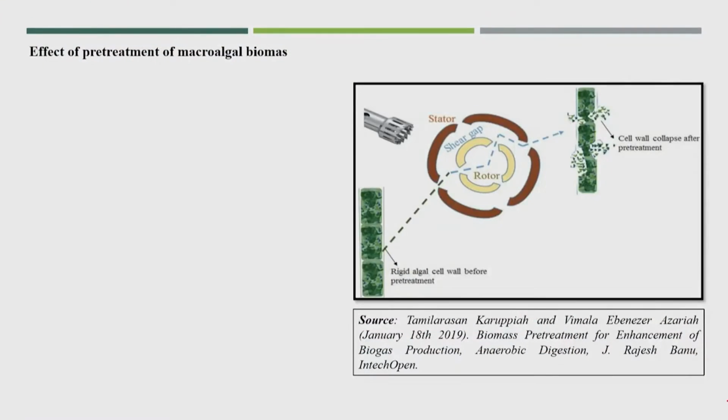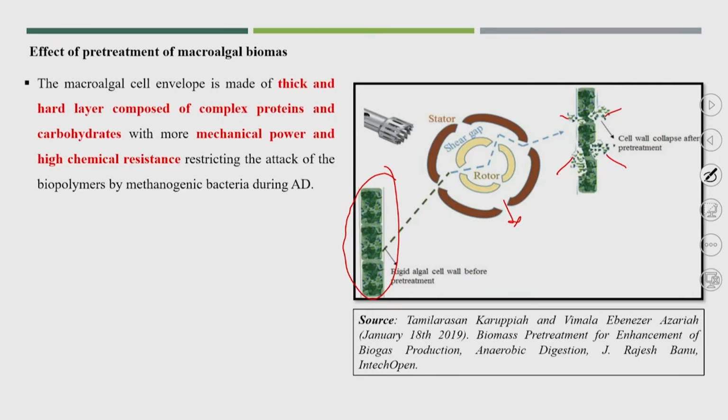Now, this microalgae also has this kind of structure, which is not so easy for microbial attack. So, with a proper pretreatment process, you see here the cell wall is already ruptured, which will be easily available for the microbial degradation process.